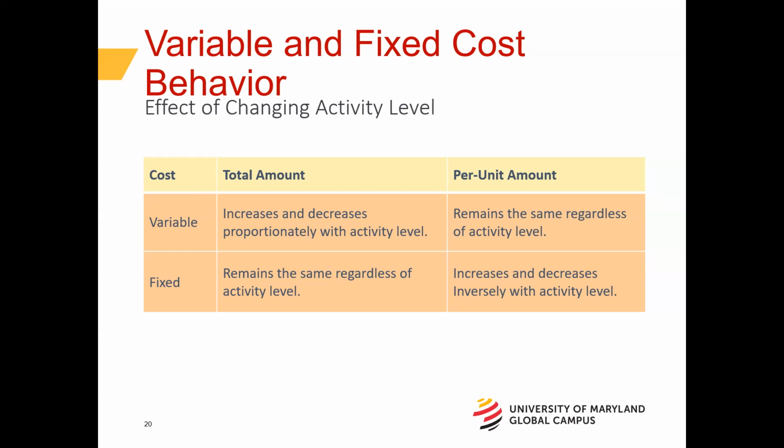For fixed costs, the total amount will remain the same regardless of the level of activity. In other words, the supervisor's salary that we learned earlier was $75,000. The supervisor's still going to get paid the $75,000 regardless of the level of output. However, the fixed cost per unit will increase and decrease inversely with the level of activity.